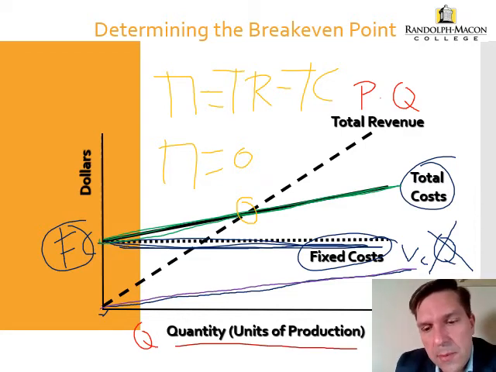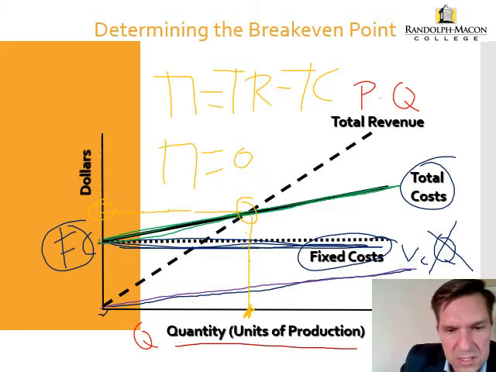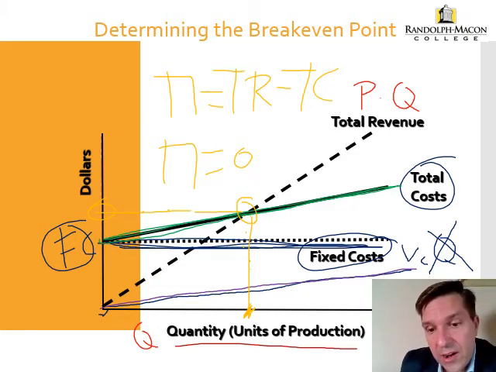So that's my break-even analysis graphically. Where those two lines touch, that's where I break even. Now you can derive from here the quantity at which I break even, which is this number right here, and the price at which I break even, which is this number right here. So this is how you do the graphical representation of a break even.